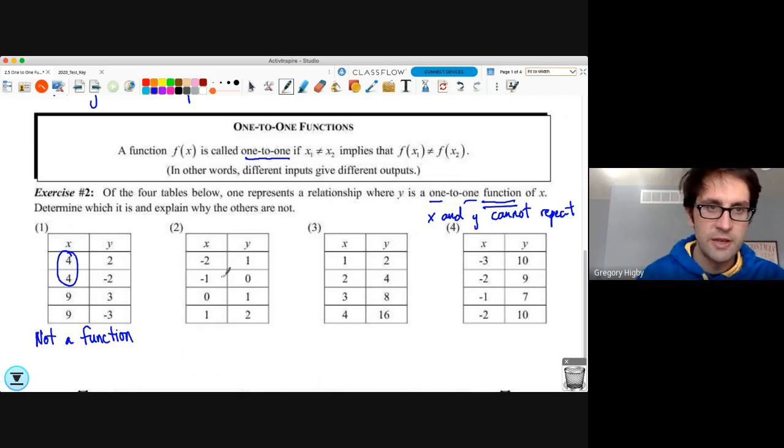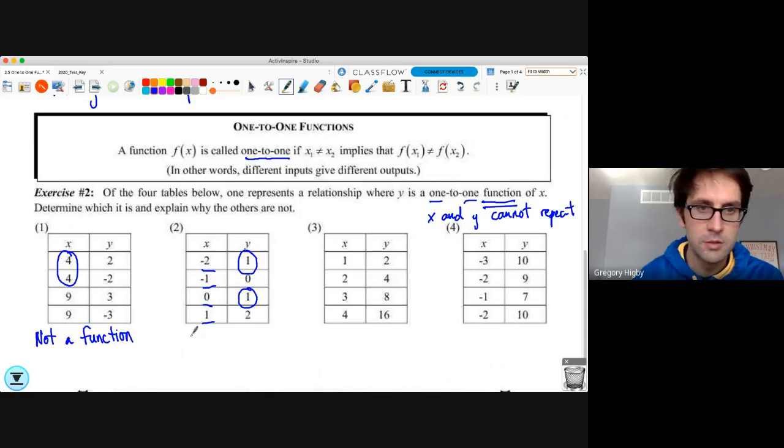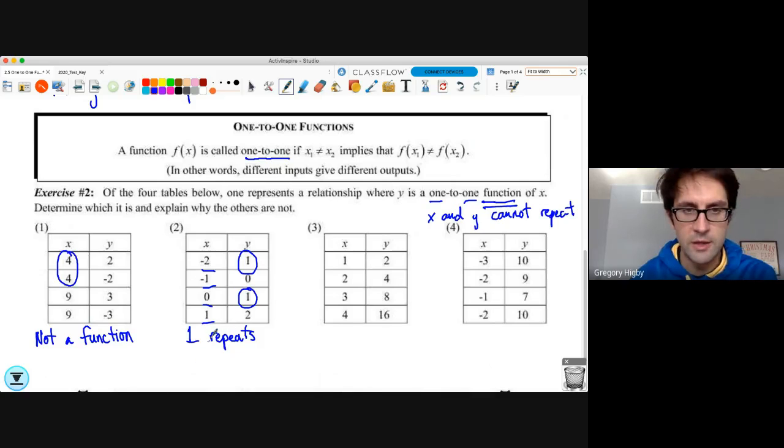So then as I look at option 2, well, finally it is a function. But then look at the y values. So the 1 repeats for a y value. In other words, it is a function based off the x values, but it's not one-to-one.